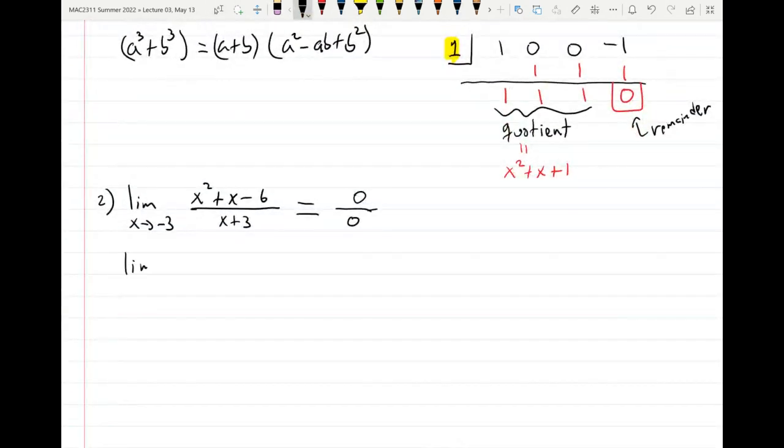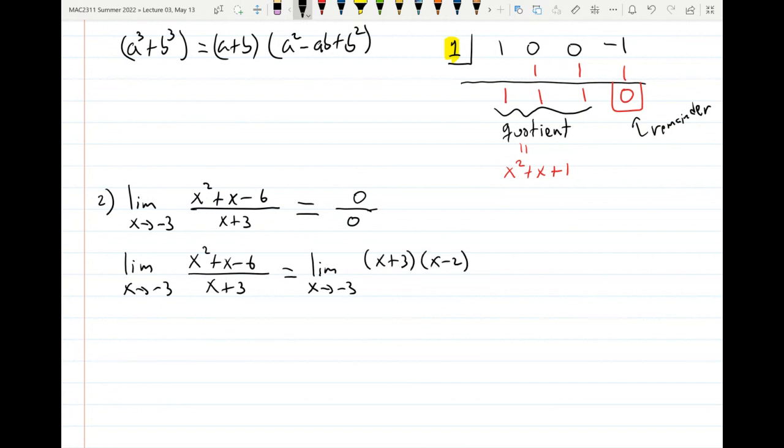Because it's a rational function, that means that we can just factor and simplify. That will always be the case. So here we factor the top. Remember, you need two numbers whose product is -6 and the sum is 1. And we can do that. That's going to be x plus 3, x minus 2.